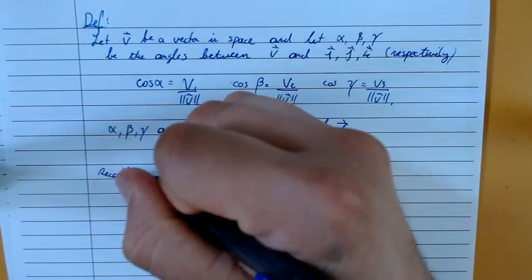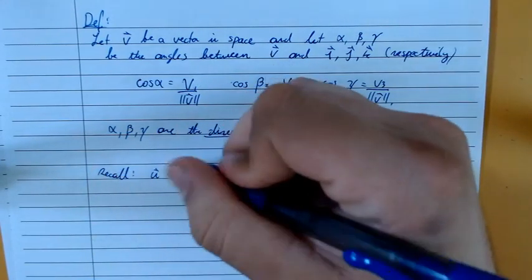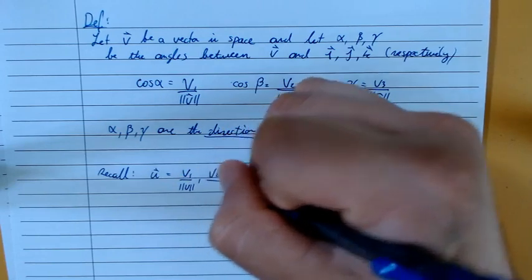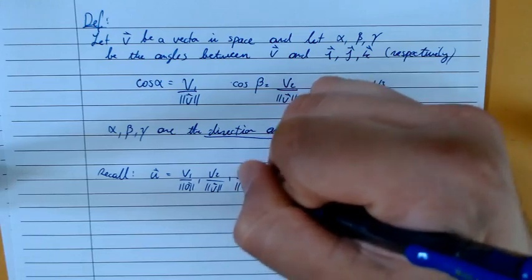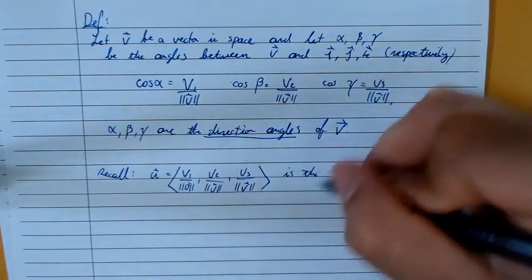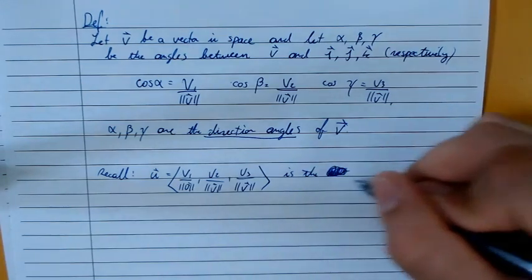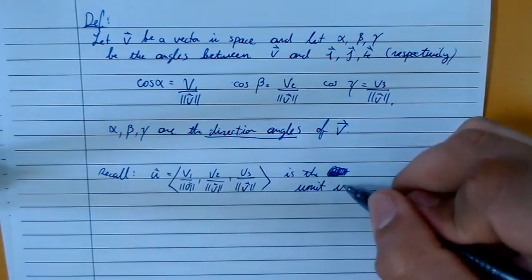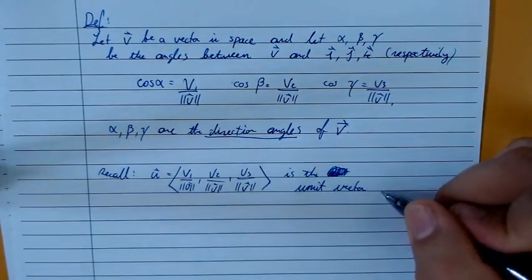Recall, u, which is equal to v1 over magnitude of v, comma, v2 over magnitude of v, comma, v3 over magnitude of v, is the unit vector in the direction of v.